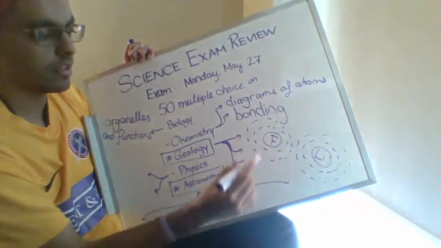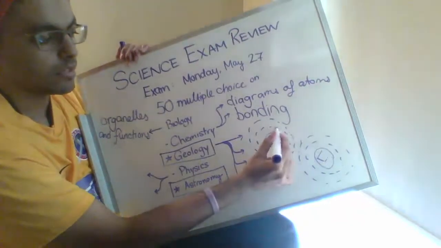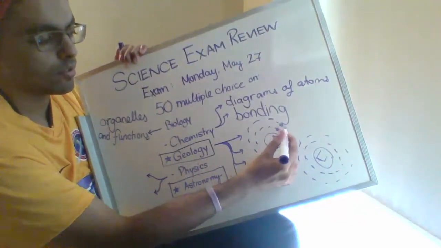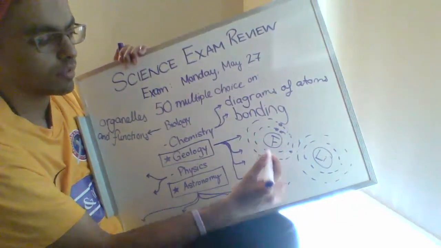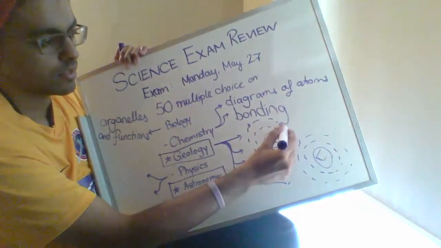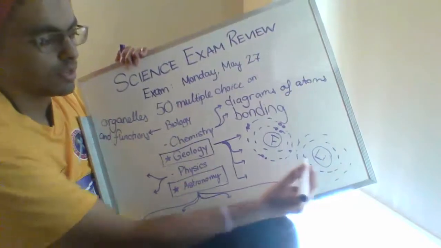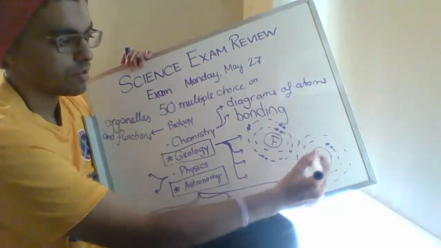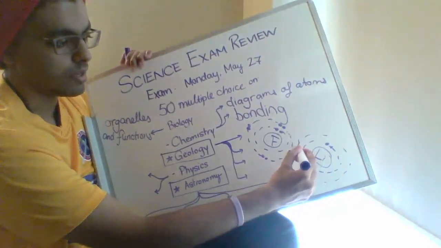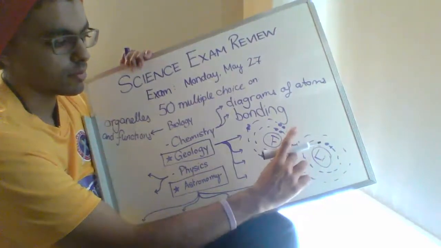Okay, this is awful. But basically, I give you this 1, 2, 3, 4, 5, 6, 7, 8, 9, something like that. And then lithium, you've got 1, 2, 3, right there. I'm sorry, this is messy.